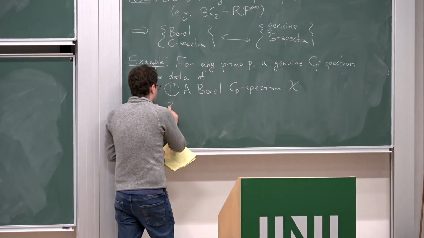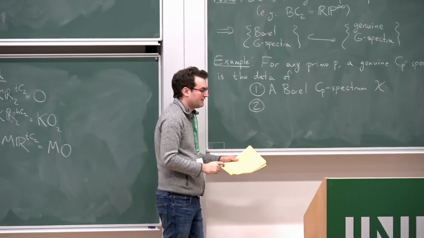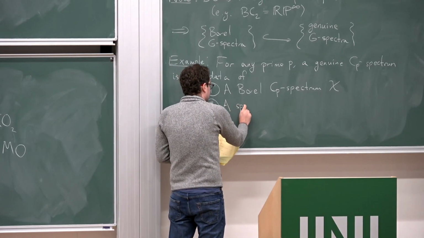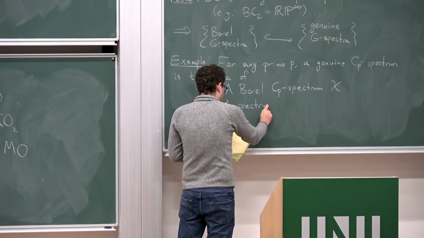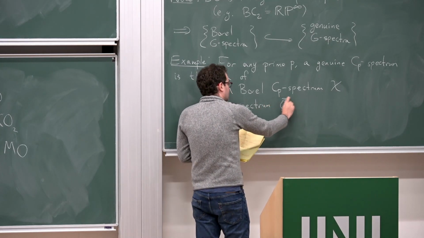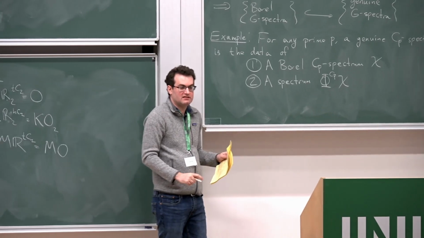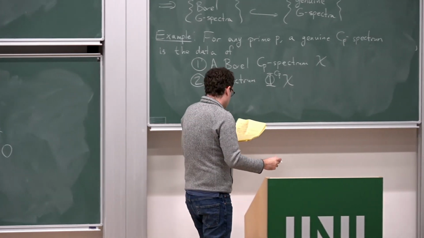You have more than the data of a Borel C_p spectrum. You also have an additional spectrum, which is called Phi C_p X, which showed up in Marcus's talk. This is the geometric fixed points.